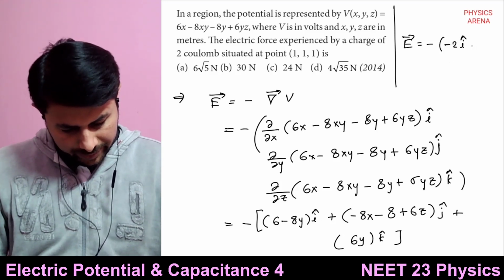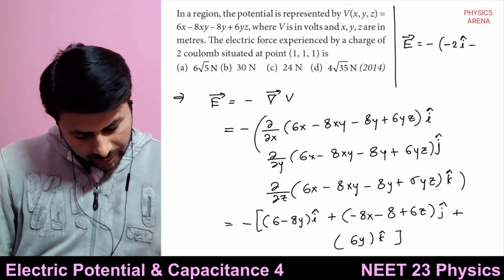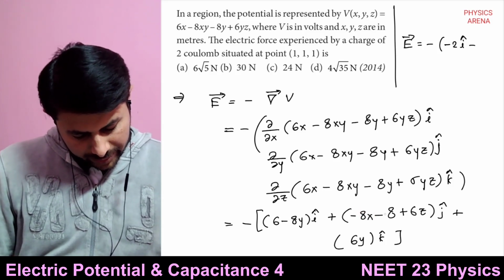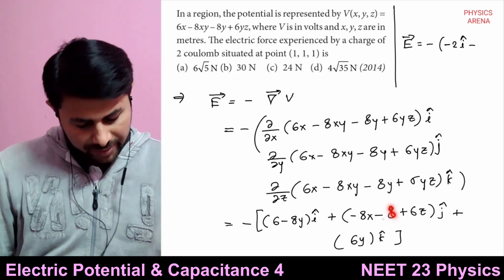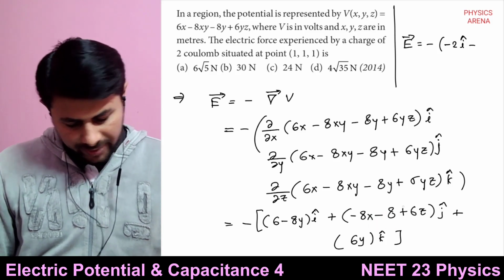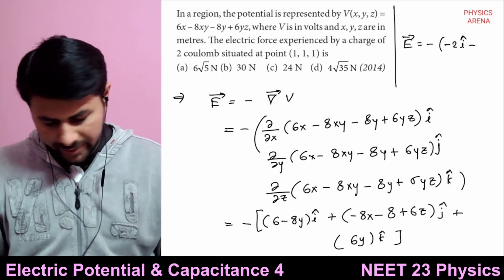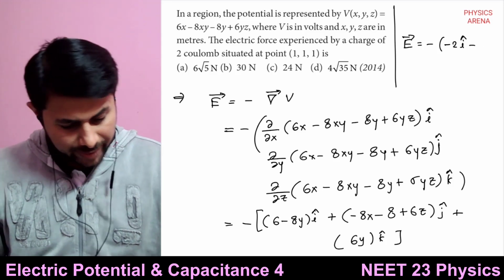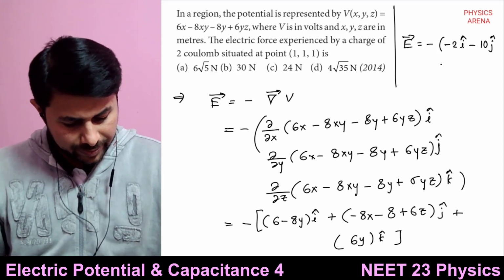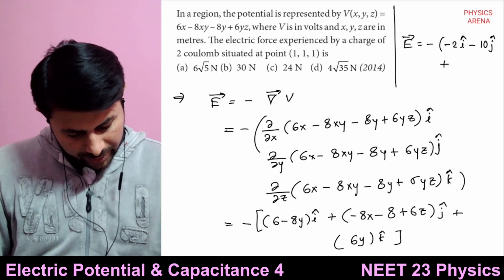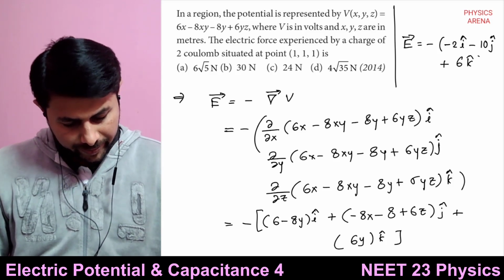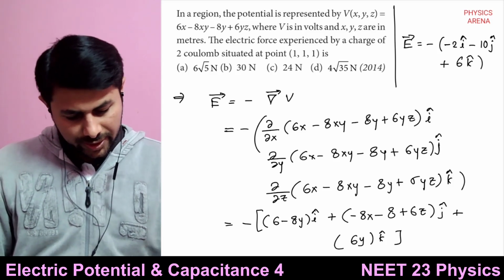Then minus 8, plus minus 8, minus 8, minus 16, minus 16 plus 6 is minus 10. So minus 10 j cap, and plus you have 6 k cap, right? So this is the electric field.